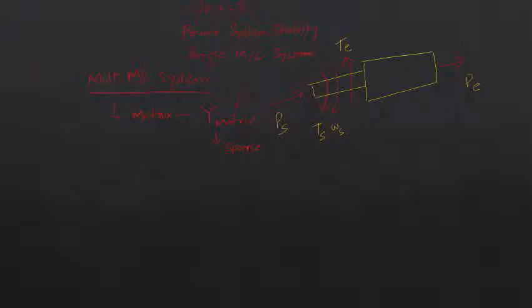equation. So first we have to revise what the swing equation is and how it came about. Today we'll just be revising the swing equation. This is our single machine system, and PS is our mechanical input power, and PE is our respective electrical output power.